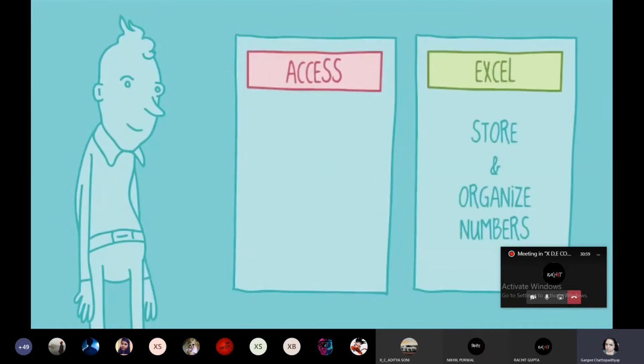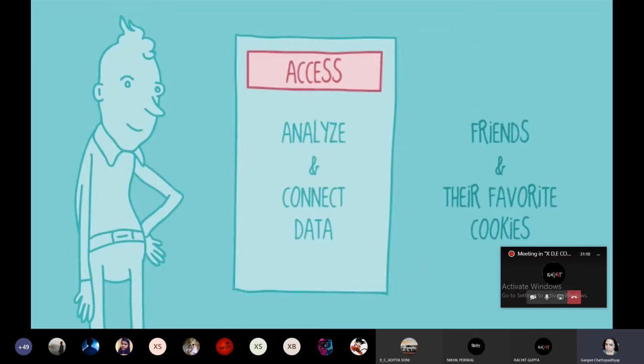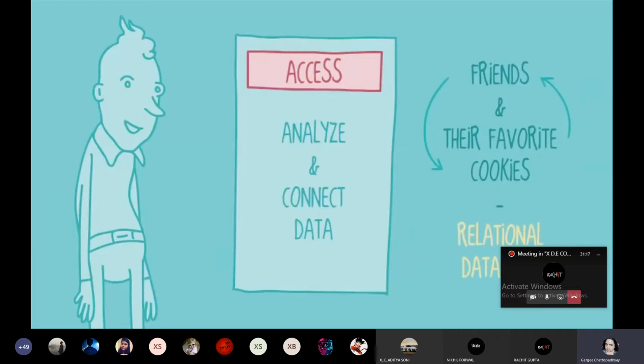While Excel is great at storing and organizing numbers, Access is better at analyzing and connecting other types of data. For example, names and descriptions, or your friends and their favorite cookies. The databases you'll be working with in Access can actually understand how different lists and their contents relate to one another. We call this a relational database for its ability to understand relationships. And it's really what sets Access apart.